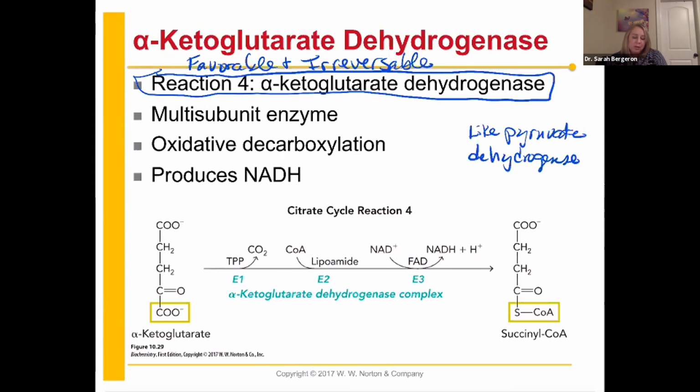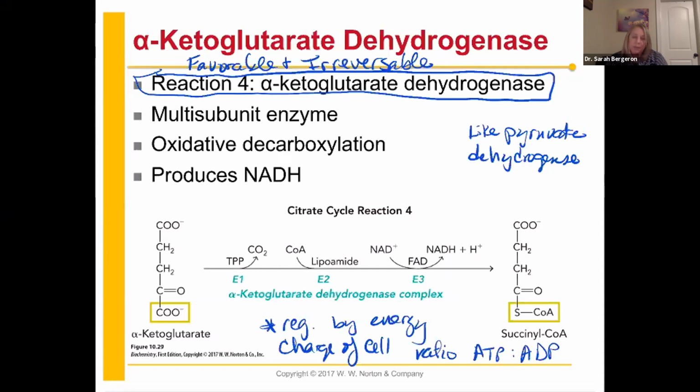And so this one, because it has all those same components, is also regulated by the energy charge of the cell. And remember, energy charge of the cell is really the ratio of ATP to ADP, right? And so this is regulated in exactly the same way, right? And so we go from alpha-ketoglutarate to Succinyl-CoA.